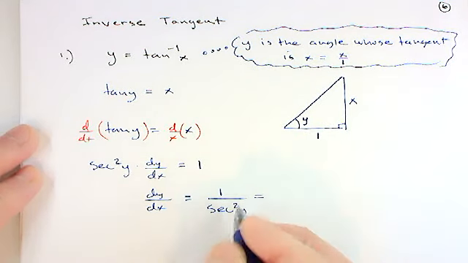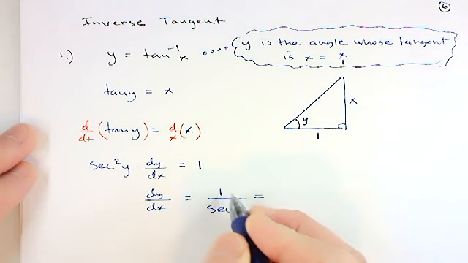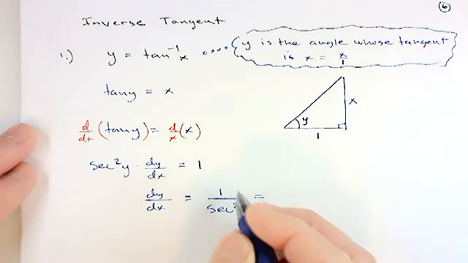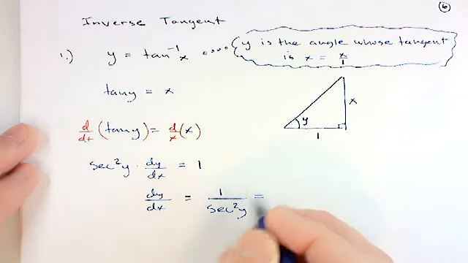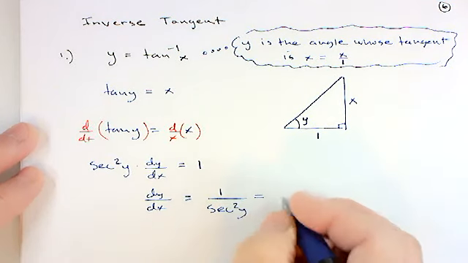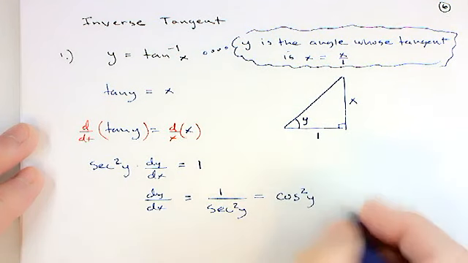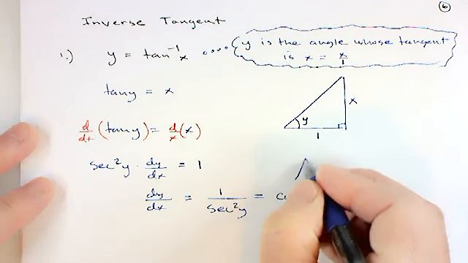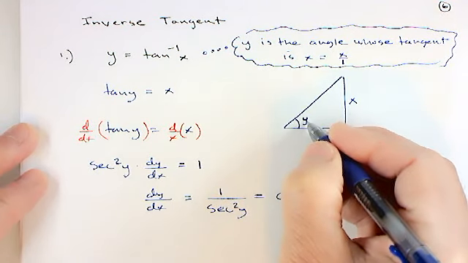Two things here. We want to try to get this back in terms of x. Remember that secant is the reciprocal of cosine. So just like secant is 1 over cosine, 1 over secant is cosine. And so 1 over secant squared literally would be cosine squared of y. We could then use this picture here to figure out what the cosine squared of y would be.